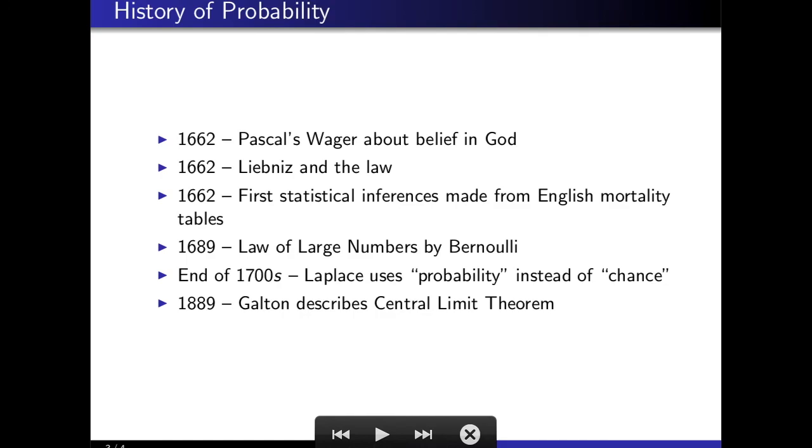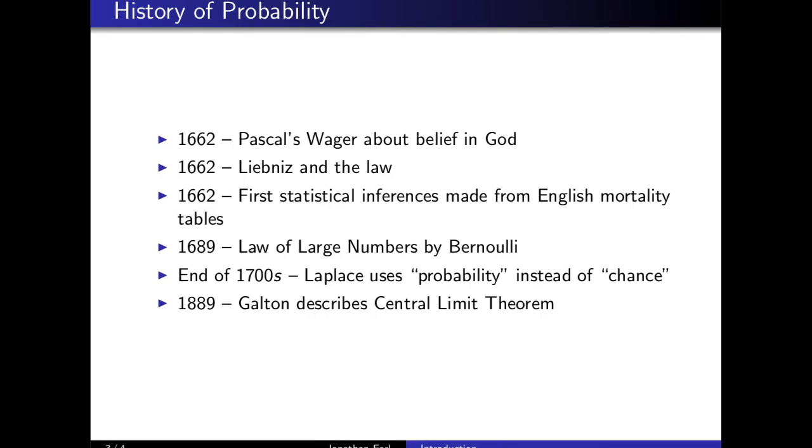If you act as if God does not exist and God does not exist, that doesn't really matter because God doesn't exist. But then lastly, if you act as if God does not exist, but God does exist, then that's not a very good outcome for you. So on the basis of this reasoning, Pascal's conclusion was that you should just act as if God does exist, because the harm done is minimal if you're wrong.